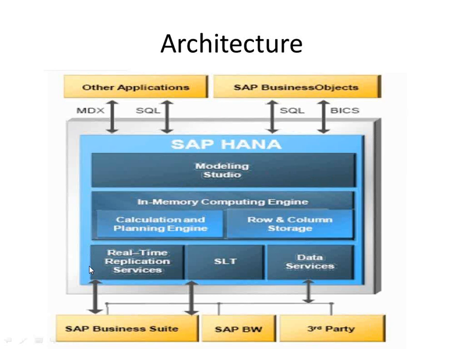Alright, so the first section that you see here is the data provisioning, the real-time replication services. So for moving data into the SAP HANA appliance, you have three possibilities. One is through real-time replication services, which is also called Sybase replication or log-based replication. The SLT stands for SAP's Landscape Transformation Server, and the third possibility is the Data Services mode of replication.